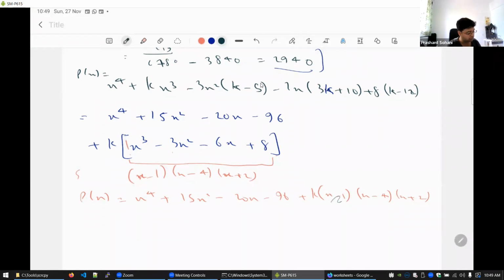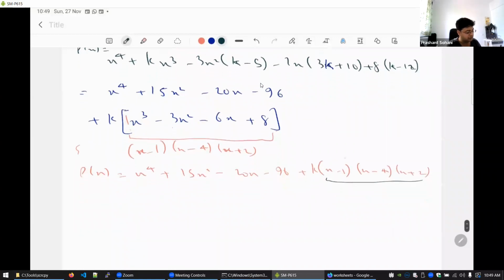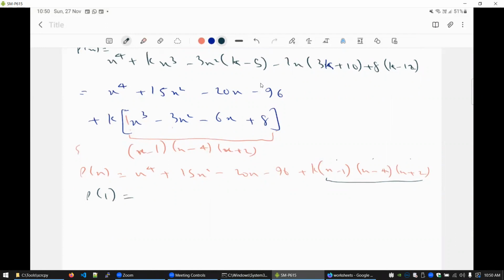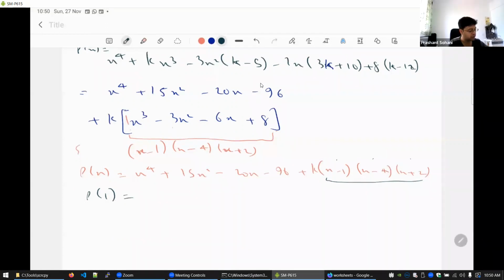Because of this factorization, for at least these 3 points, the value of k does not matter at all. P of 1 can be computed no matter what k is. P of 1 will always have some constant value, because the right part becomes 0. Which values can be computed this way? 1, 4 and minus 2. So let's do that. What is P of minus 2? P of 1 and P of 4, can you compute and tell me?